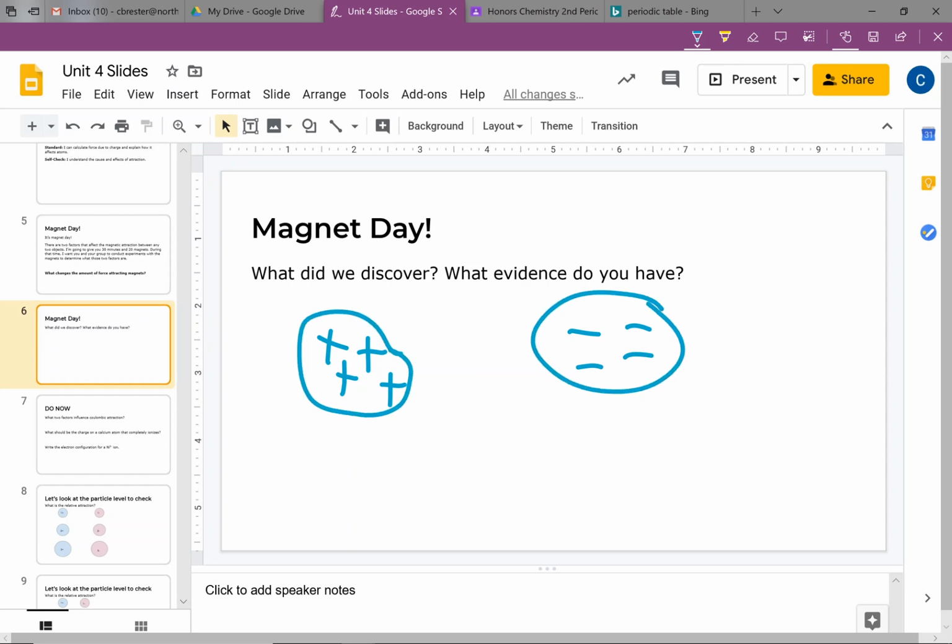So if we have something that's like 4 positive charges, 4 negative charges, that is going to be much more attracted between those two entities than, say, something that is just 1 proton, 1 electron. That's not going to have a ton of attraction here. So I'm going to draw smaller arrows.